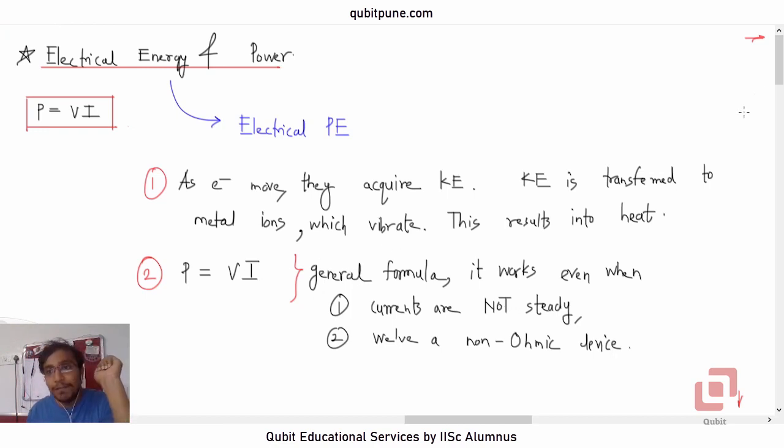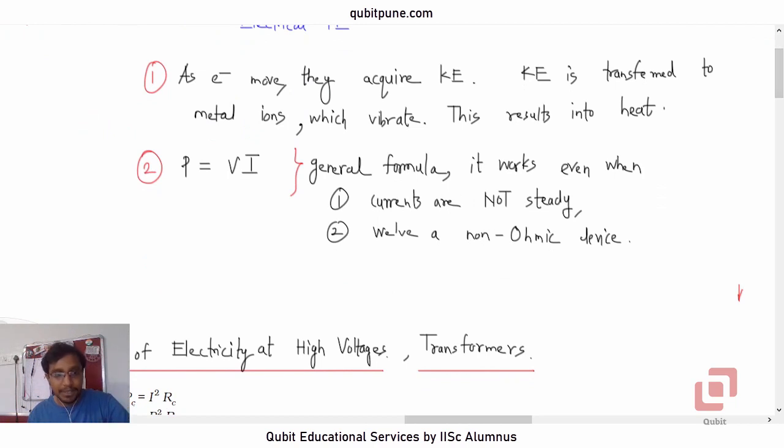Now if we have an ohmic device, then we can get different variants of the power.